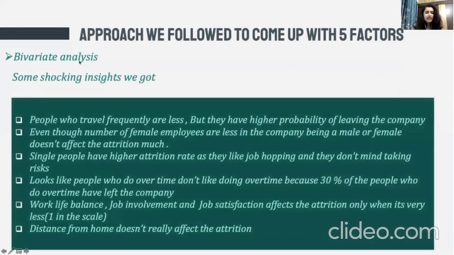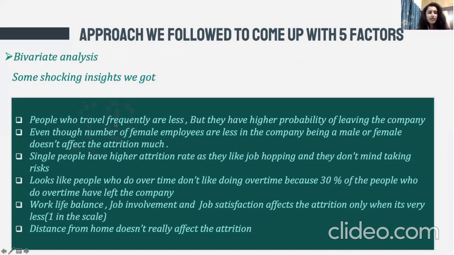Next, we did bivariate analysis. In this, we compared each variable with attrition, as in we saw how attrition was affecting each variable. We plotted many graphs for each variable. We found many insights, and these were some that shocked me and that I found interesting.